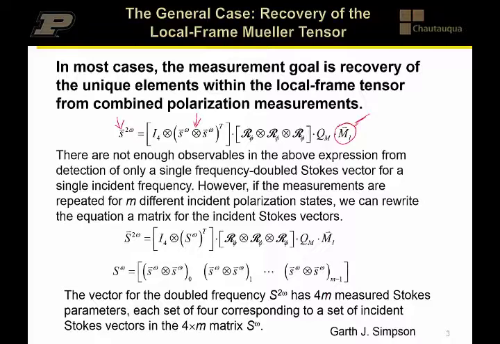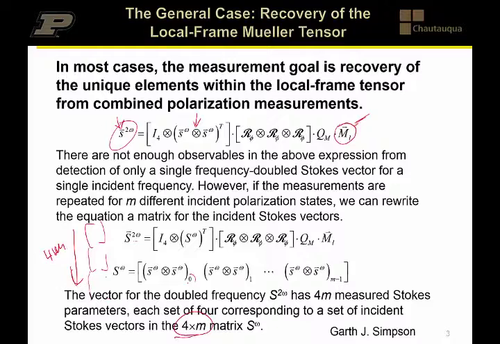Then what we'll end up with on the outside is going to be a 4m. Because we're basically going to stack, we'll have one set of 4 parameters for the Stokes vector for 0, and on top of that the next set for the Stokes vector for 1, and on top of that the next set. So this is going to be a stack of 4m Stokes elements.